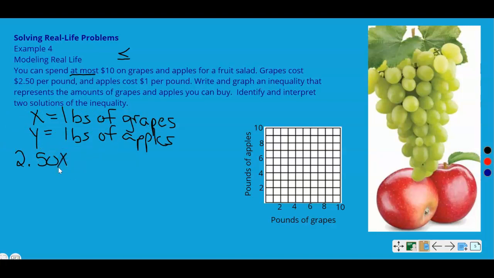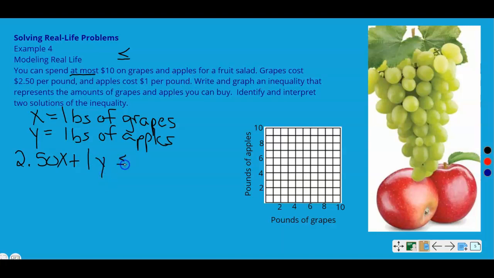So 2.50X represents that part of the inequality. And then we're going to say plus, and we're going to add because we have $10 to spend on grapes and apples. So that means combined. So that's why we're going to add. And then we have apples cost $1 per pound. So we're going to have $1 times Y, because Y represents our pounds of apples.